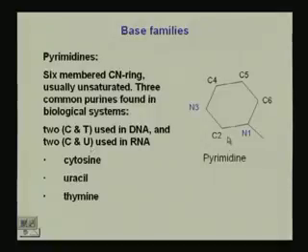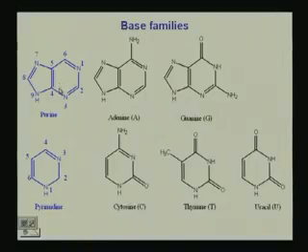Okay? So, we have the purines and the pyrimidines that are going to form the nitrogenous bases of the nucleotides that are going to be attached to the sugars in the nucleotide structure to form our nucleic acids. So, these are our purines and pyrimidines. These are the definite structures.